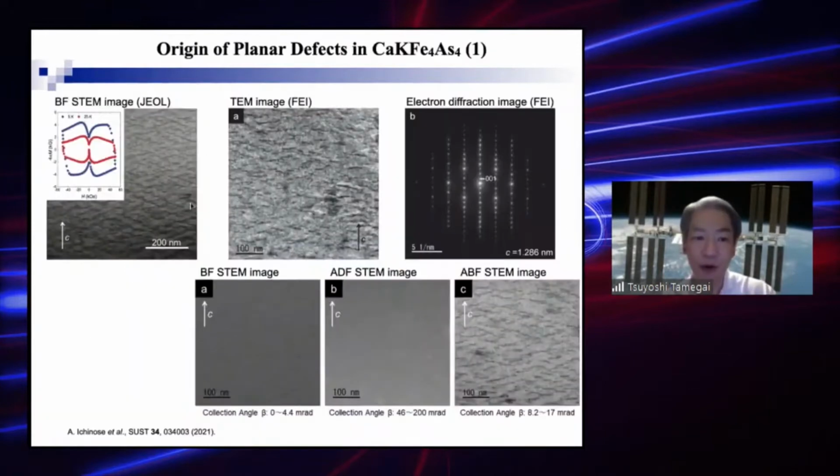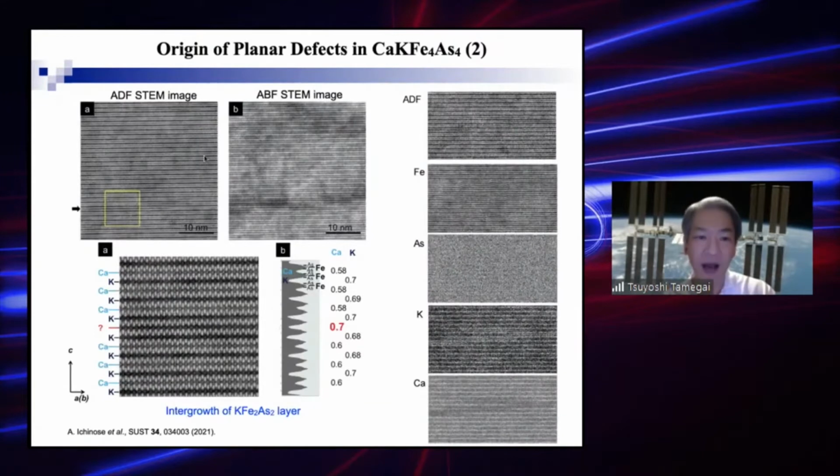This is our original TEM image, and this is a high resolution TEM image. Of course, this is exactly the same sample, but a different portion. And of course, we should see the same thing, but depending on the observation conditions, it looks a little bit different. Okay. Then we took a line cut and made an average, and then measured the distance from this line, which should always be 0.6.